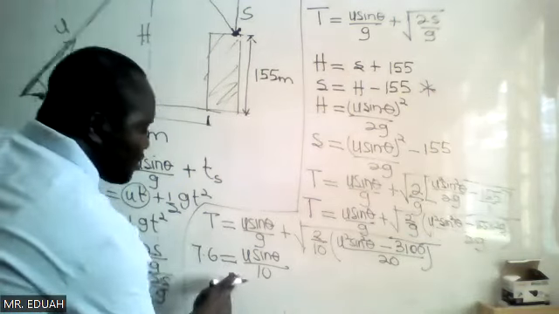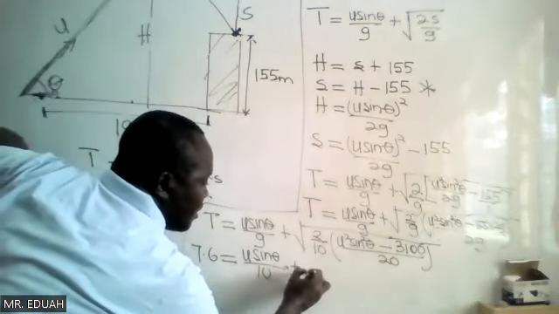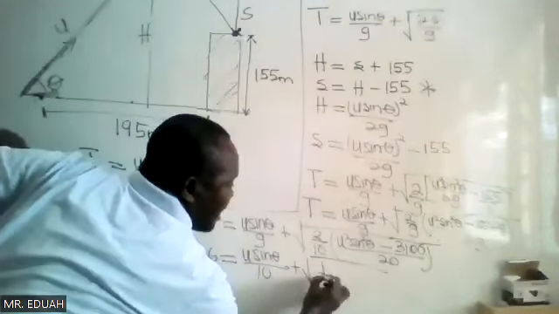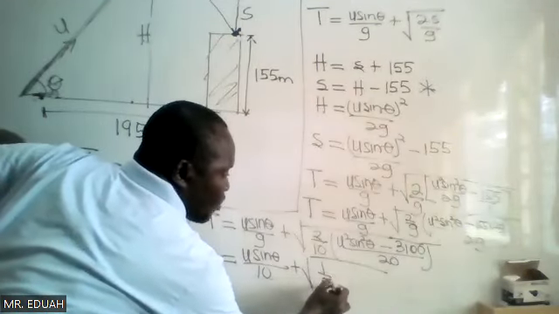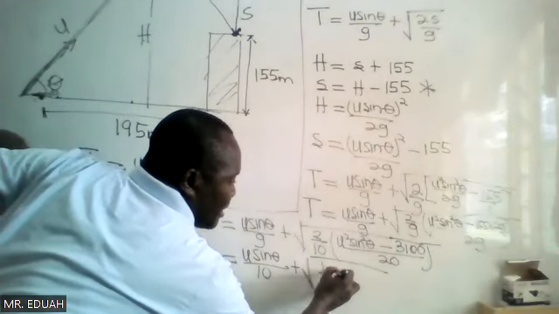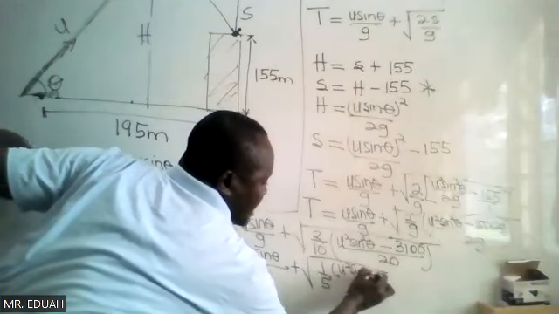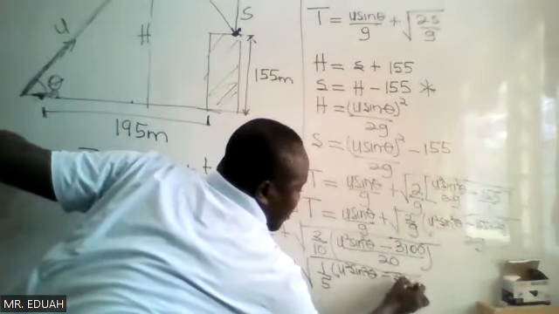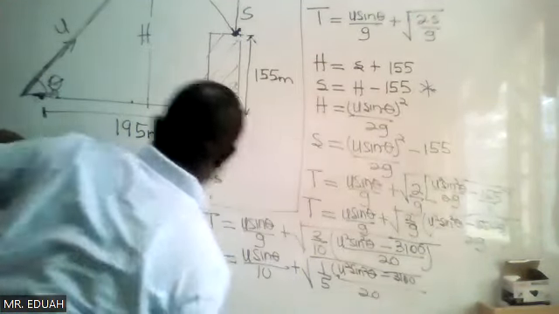So 7.6 is equal to u sine theta over 10 plus square root of 1 over 5 times u squared sine squared theta minus 3,100, all divided by 20.